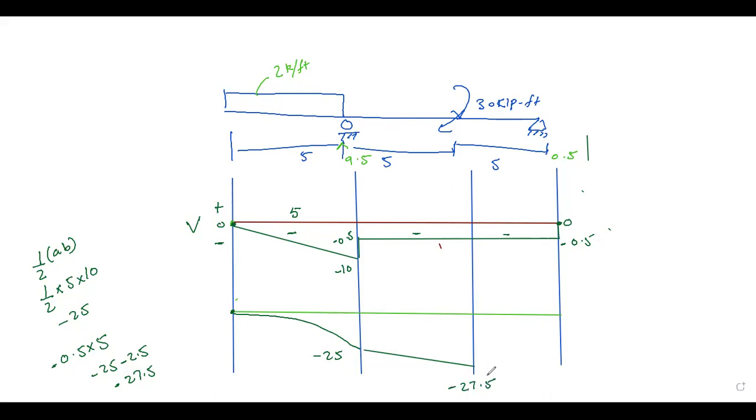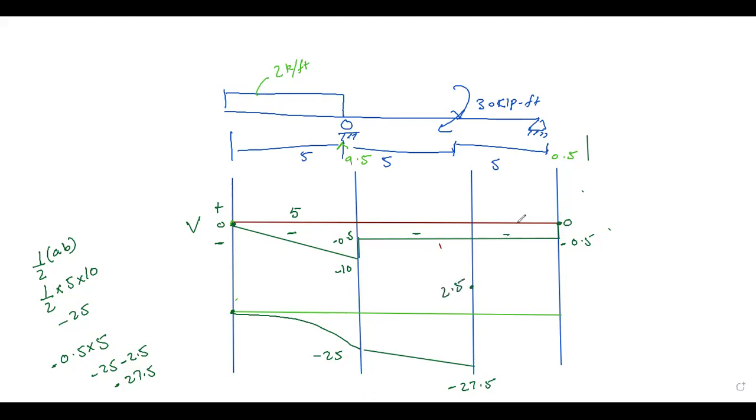Then we have a moment which is positive 30, because if you remember our assumptions in the beginning, we said that an internal coupling moment we will consider as positive. So 30 positive minus 27.5 will give you 2.5 positive. The value will be here 2.5.